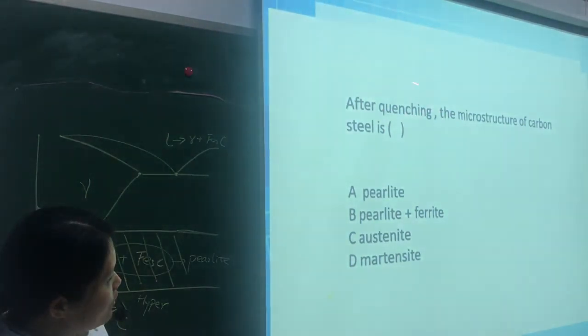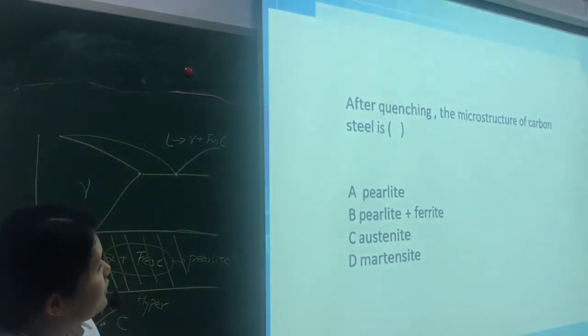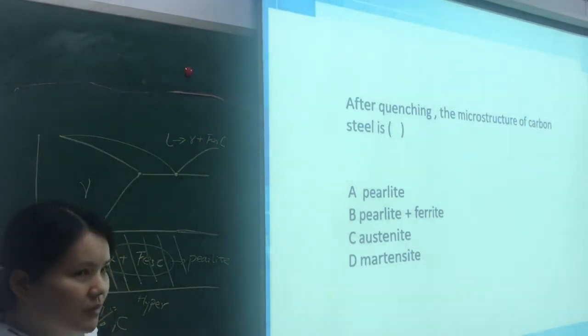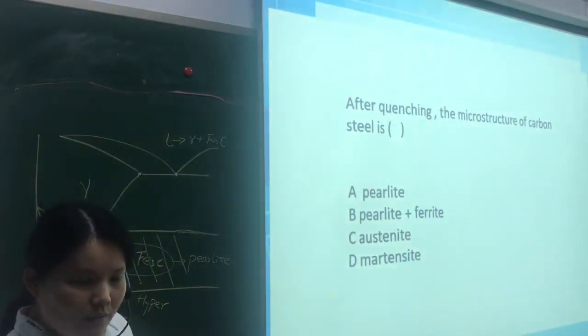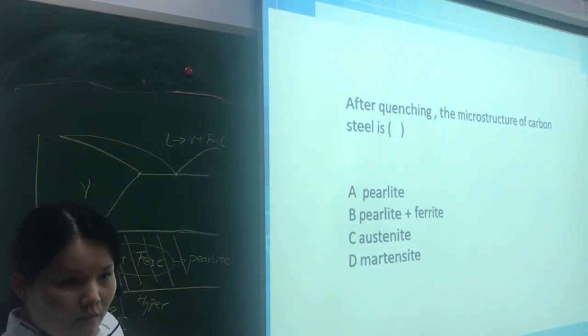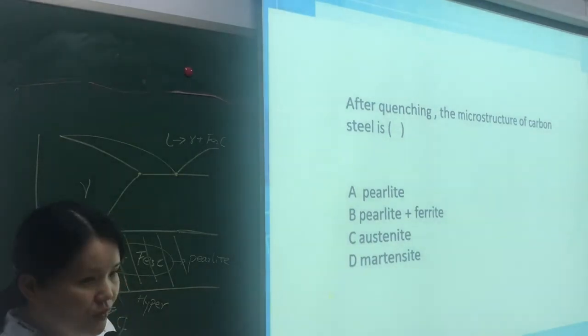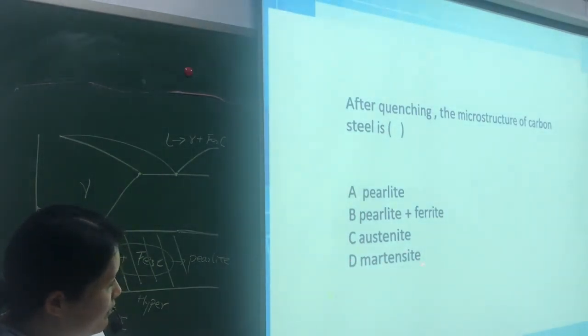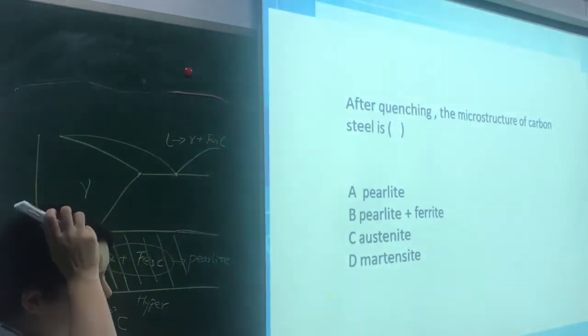Because the cooling rate is very quick, the carbon or iron atoms have little time to diffuse, so it may form martensite. Martensite is very hard and brittle.